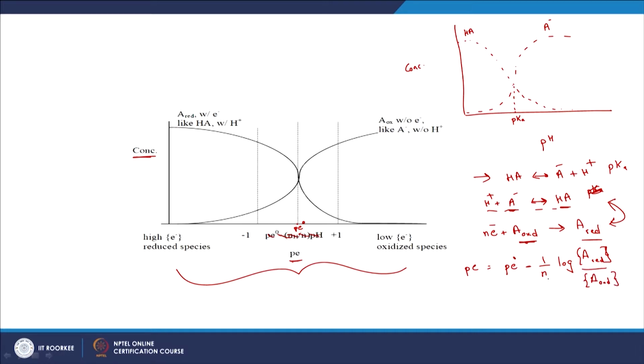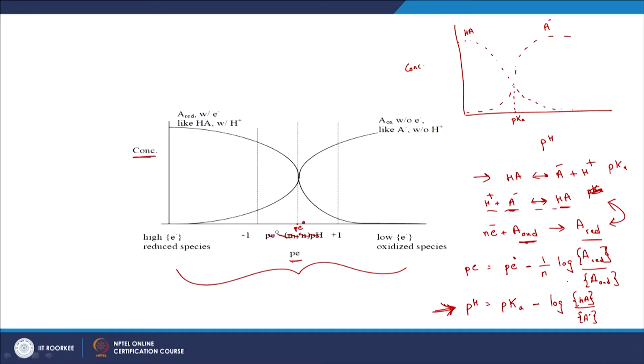And if you remember, this is similar to pH is equal to pKa minus log of the activity of HA by the activity of A minus. This was the Henderson-Hasselbalch equation that we looked at with respect to our acid base process, or a slight modification of it.